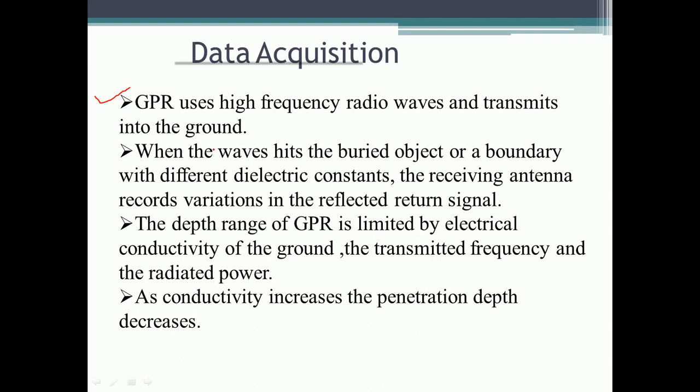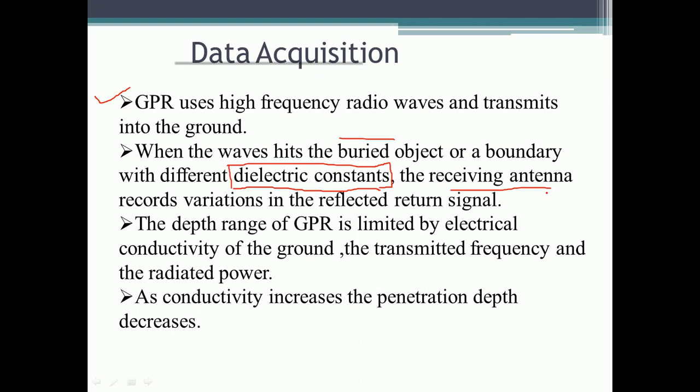Whenever these waves hit a buried object or the boundary of any object having a different dielectric constant, in order to differentiate the type of material, we need to consider the dielectric constant to find the reflected energy. Whenever it hits the buried object, the reflected waves are recorded in the receiving antenna.